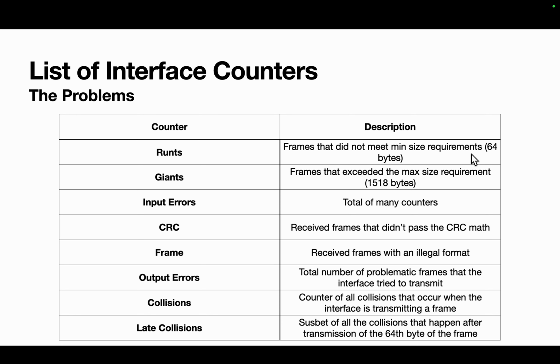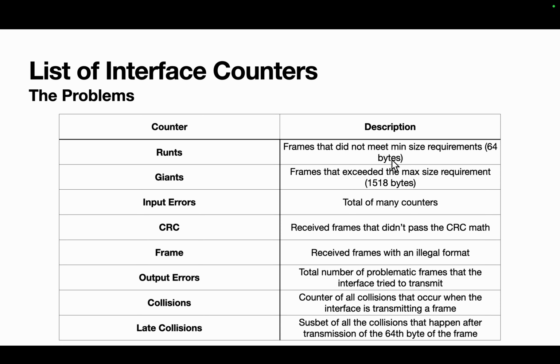If you remember, for a frame, the data and padding is anywhere from 64 to approximately 1500 bytes. The specific maximum is 1518 bytes. That's the size, minimum and maximum.